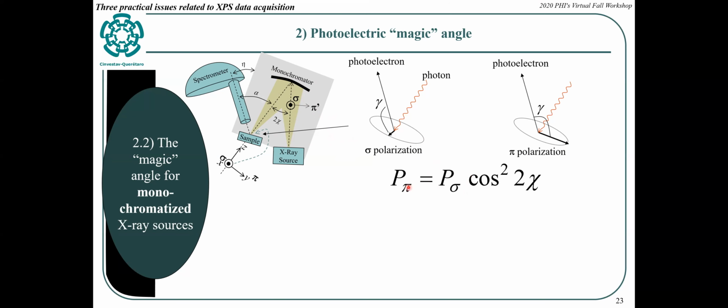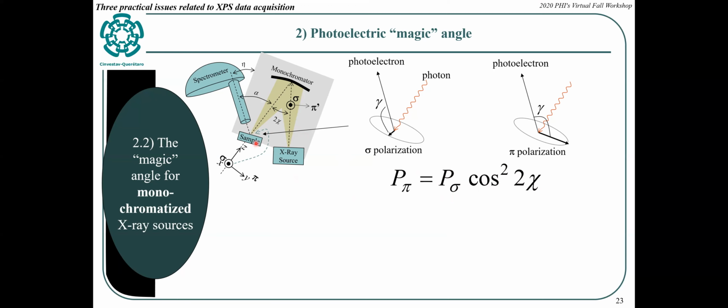In fact, the probability of reflecting a pi polarization photon is cosine squared of the Bragg angle times the probability of reflecting a sigma polarization photon. So the reflected beam is partially polarized when it arrives at the sample.